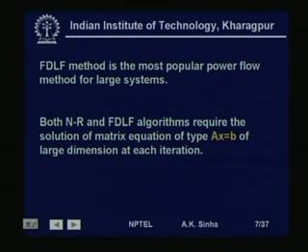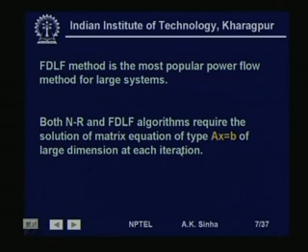Now, both Newton-Raphson and fast decoupled load flow algorithms require the solution of matrix equation of the type A x is equal to b of large dimension at each iteration.